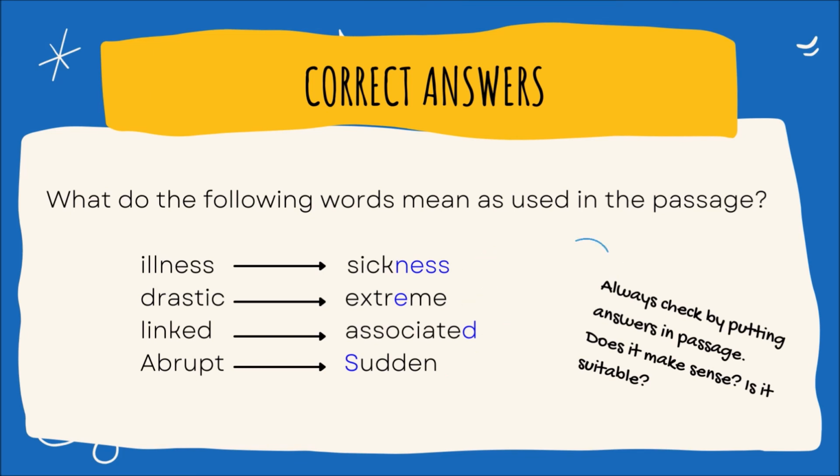Replace the word in the passage and then try to figure out whether the answer makes sense in total. Is it suitable? Because sometimes the answers are not suitable with the passage.